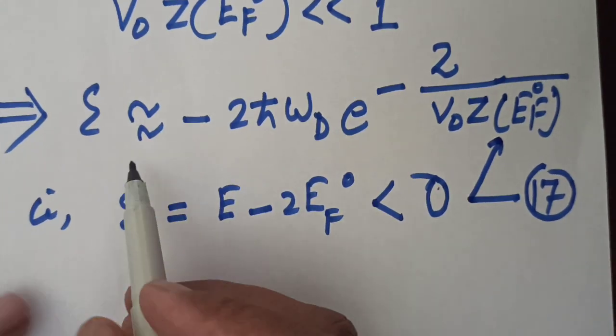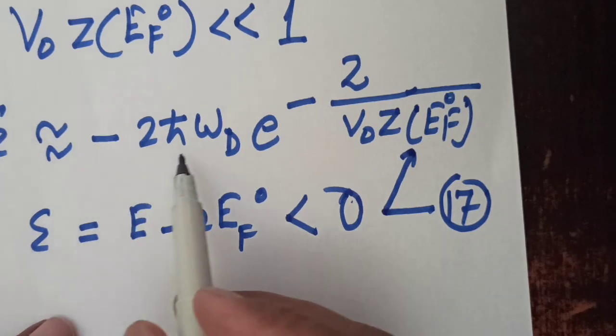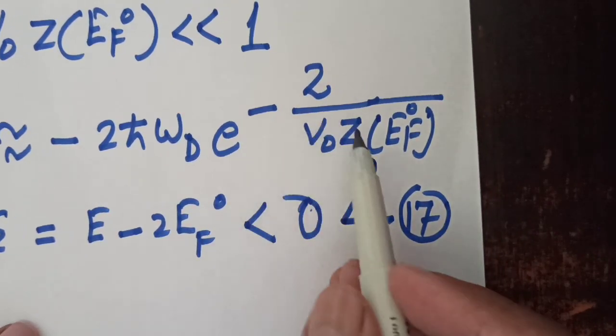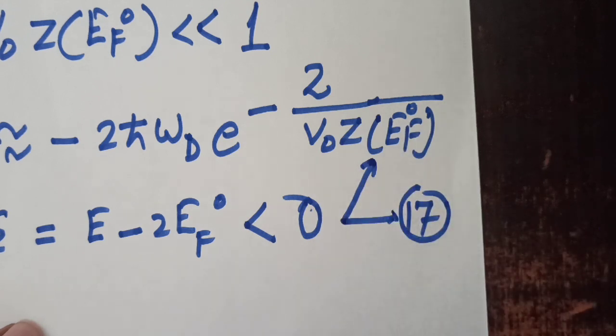So we get equation number 17. E is nearly equal to minus 2h cross omega d e raised to the power minus 2 by V naught Z EF naught. For this I have put equation number 17.